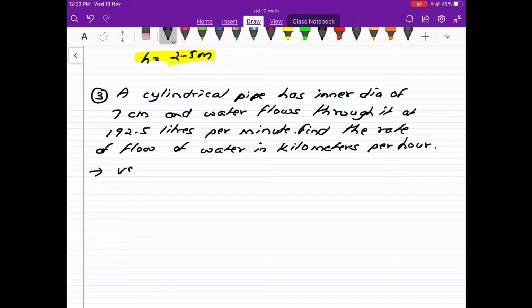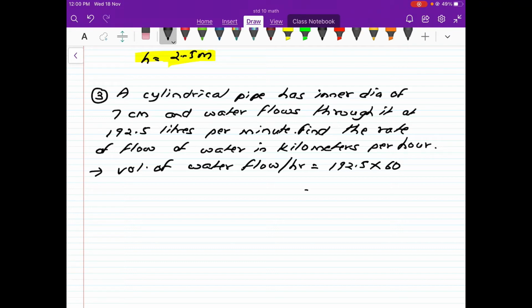So we will start by writing the volume of water that flows per hour. Water flow per hour is 192.5 liters per minute, into 60, so I will be getting liters.